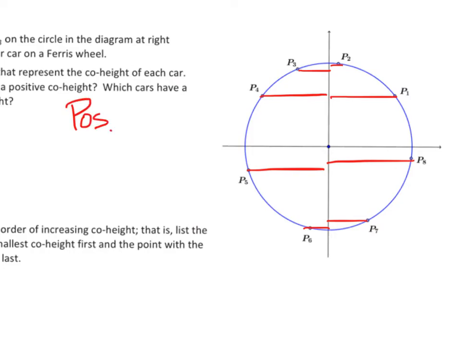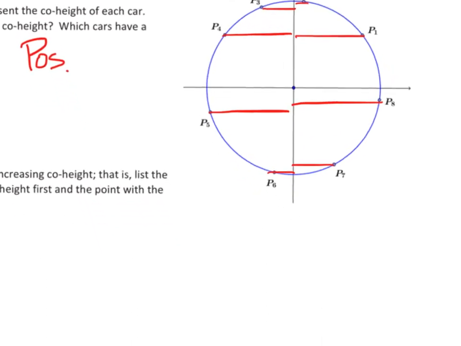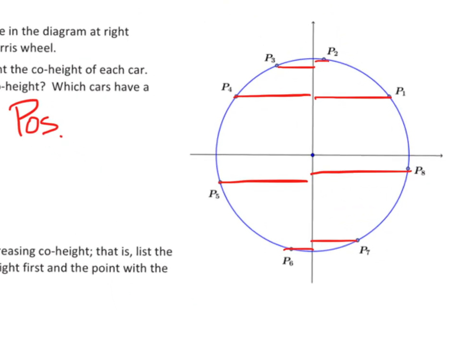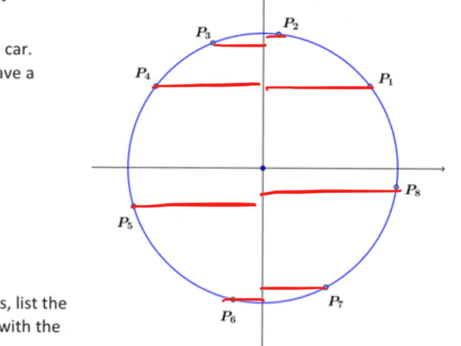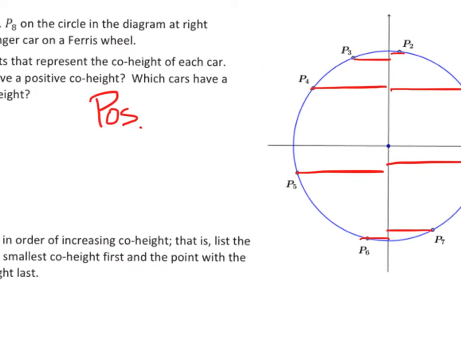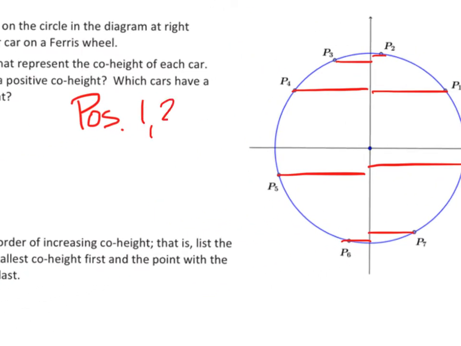Which ones have a positive co-height? 1, 2, 7, and 8. All right, so we list those: 1, 2, 7, and 8. Which ones have a negative co-height? 3, 4, 5, and 6. Right.